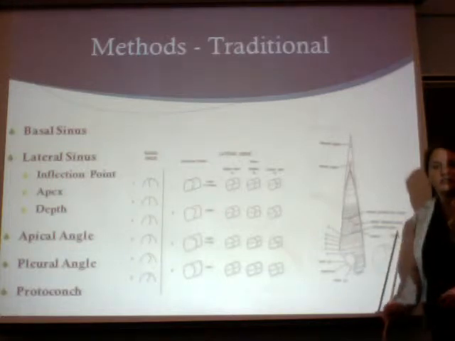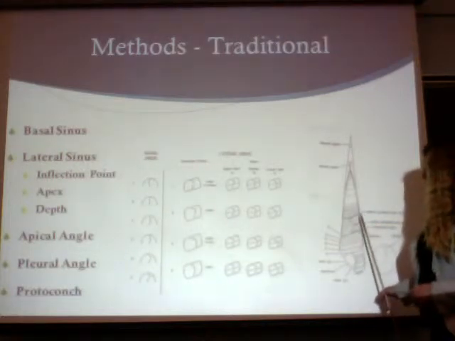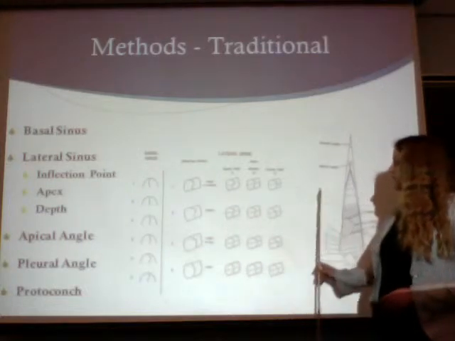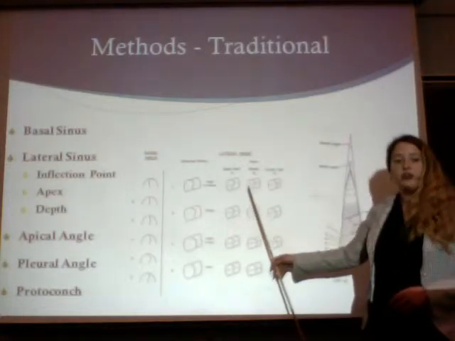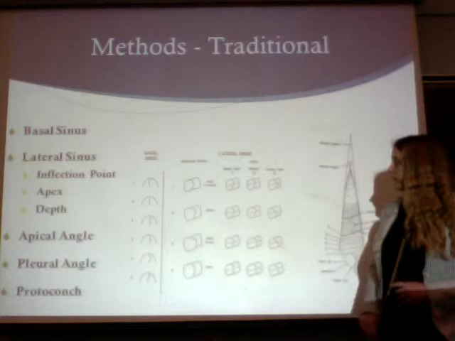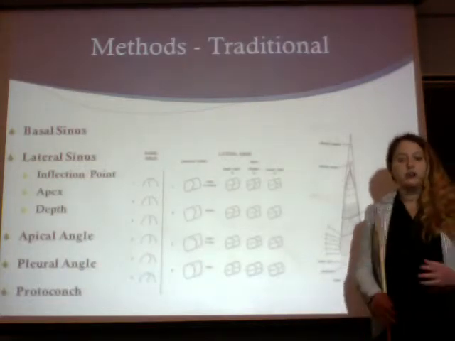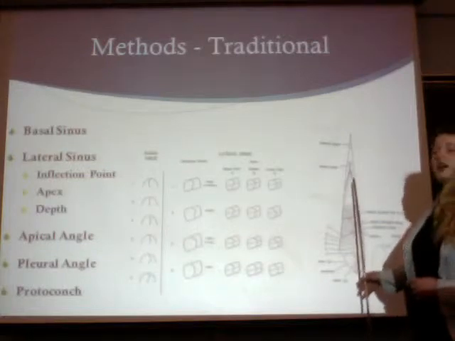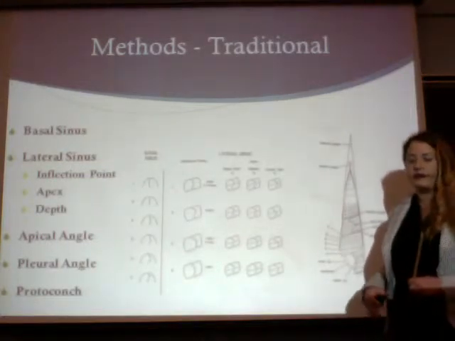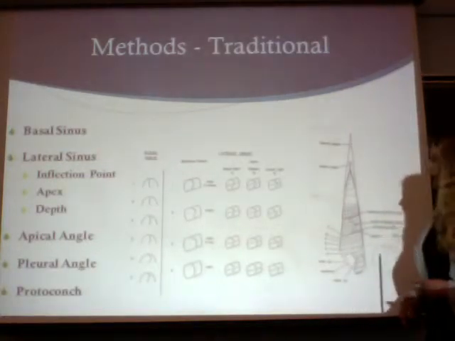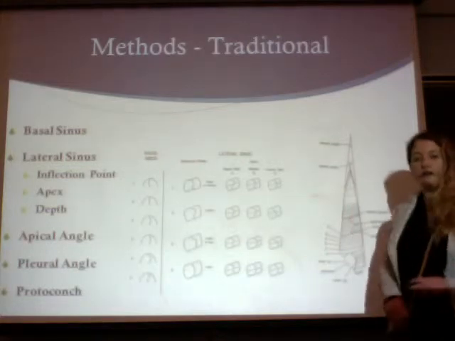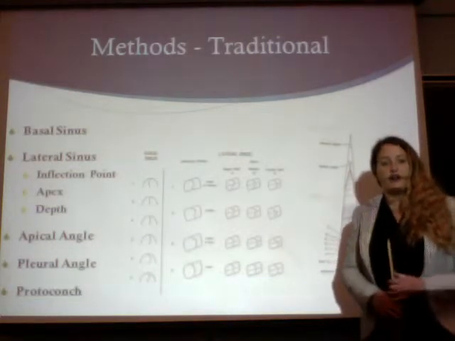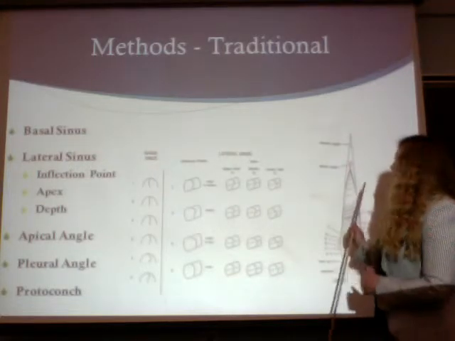I don't know if you can see it quite clearly, but there is an inflection point of the lateral sinus, as well as an apex, which is where the inflection point occurs, and then how deep the inflection point is. I also used the apical and pleural angles of the apex of the shell, as well as a little bit of protoconch data from the very tip of the shell. Now that data is not available for all specimens because it's often broken.